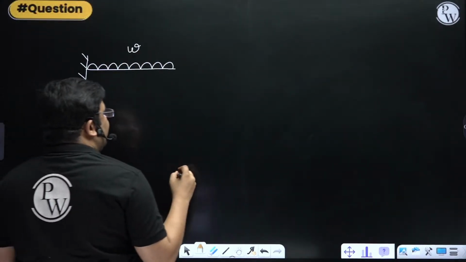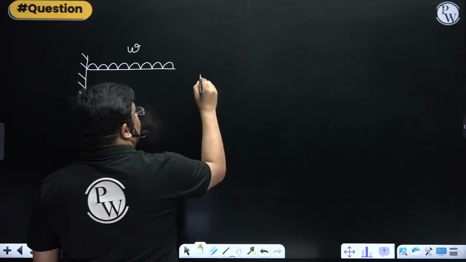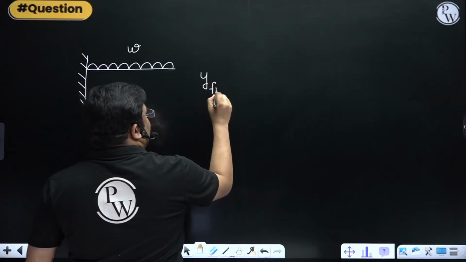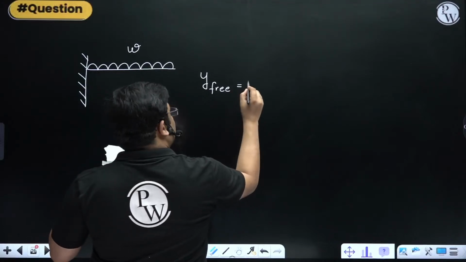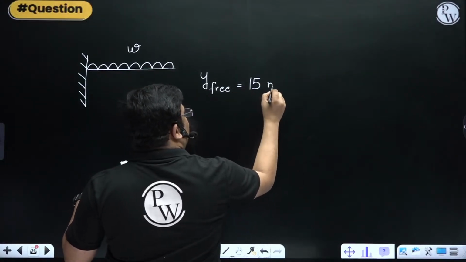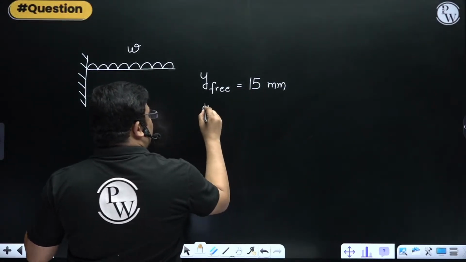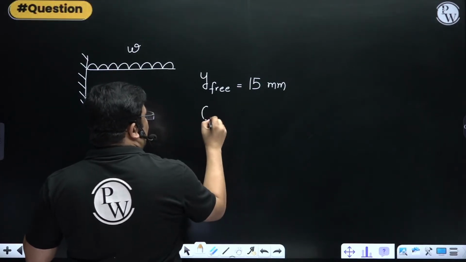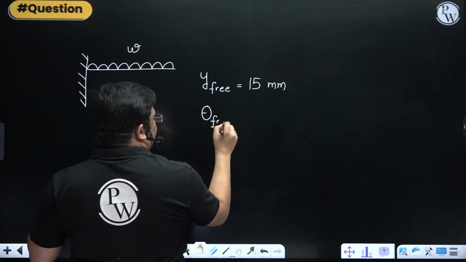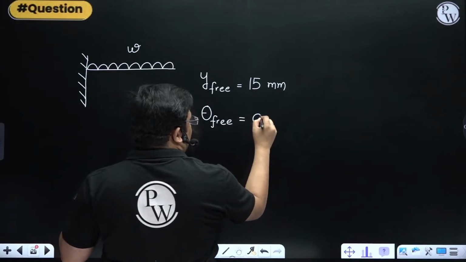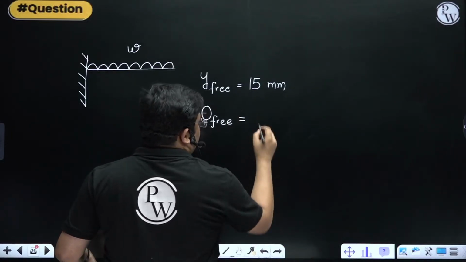It is given that the y at free end is 15 mm, and the slope at free end is given to us as 0.02 radian.